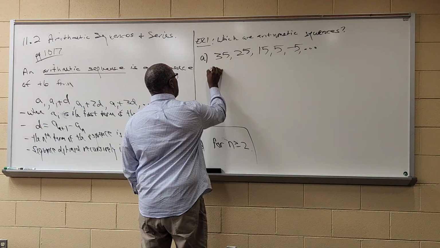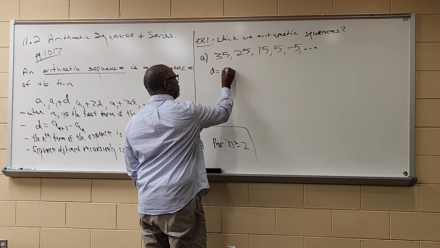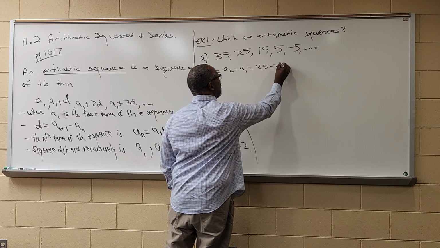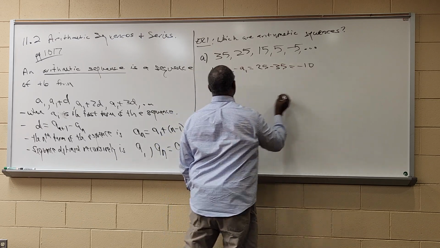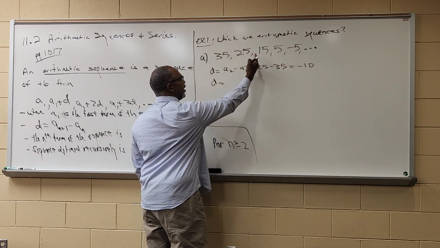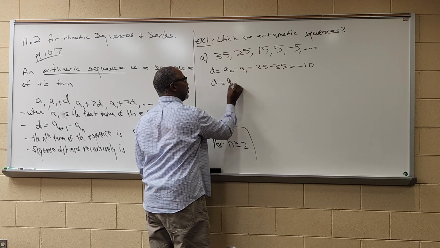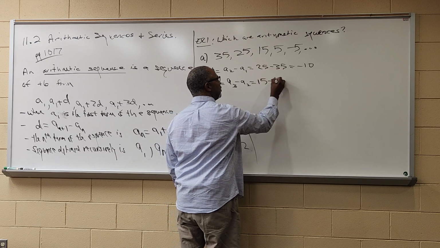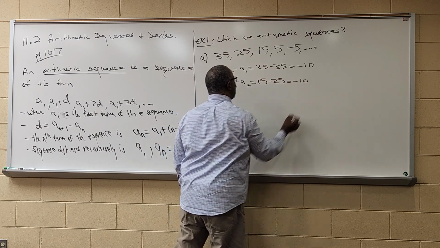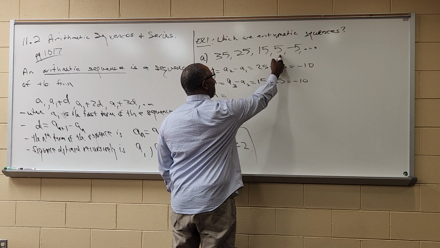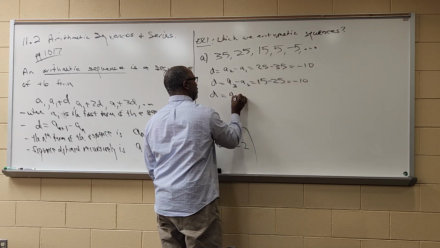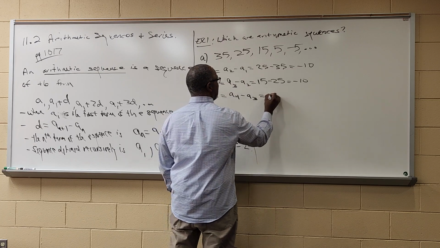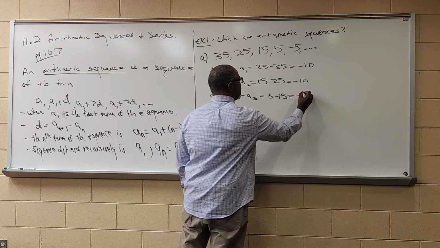Well, if it is, then D would be A2 minus A1: 25 minus 35 equals negative 10. Or I can say D is A3 minus A2, that would be 15 minus 25, that's negative 10. Or I could have said D is A4 minus A3, again the difference of any two successive terms, that would be 5 minus 15 equals negative 10.